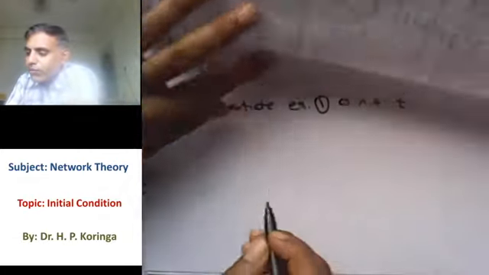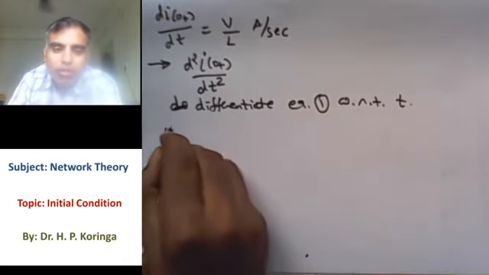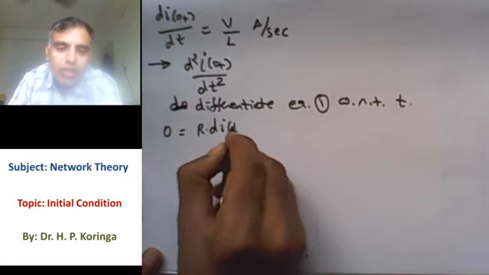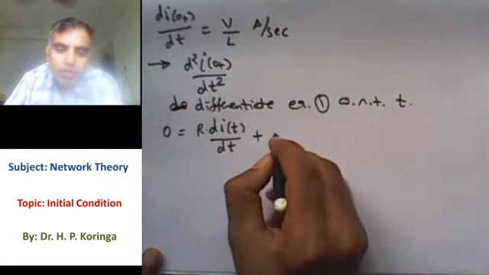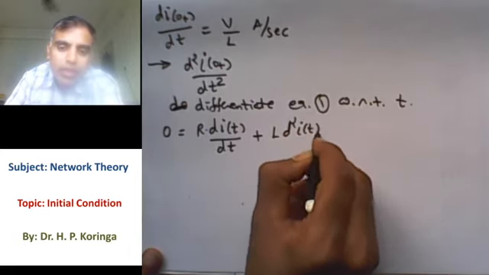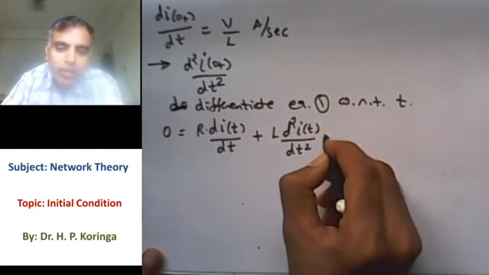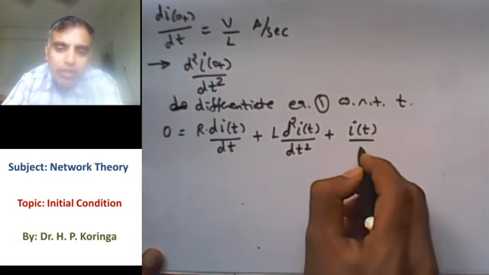So if you do the differentiation of equation 1, then we'll get 0 = r di(t)/dt + L d²i(t)/dt² + i(t)/C.